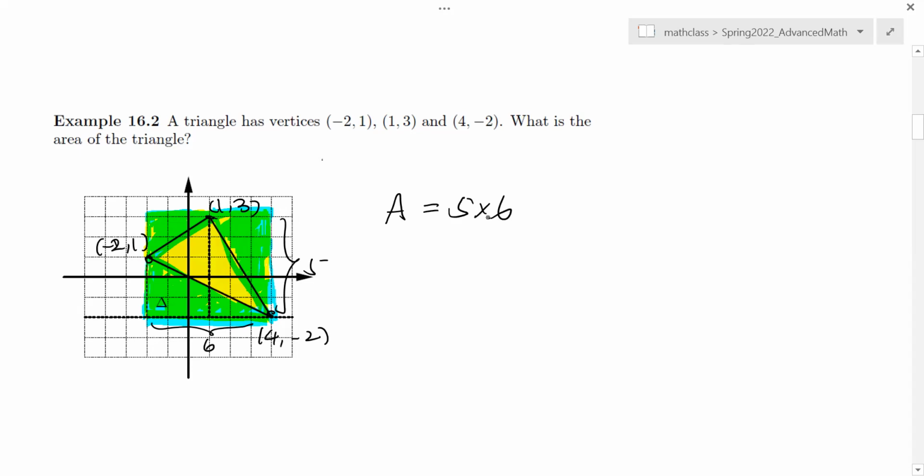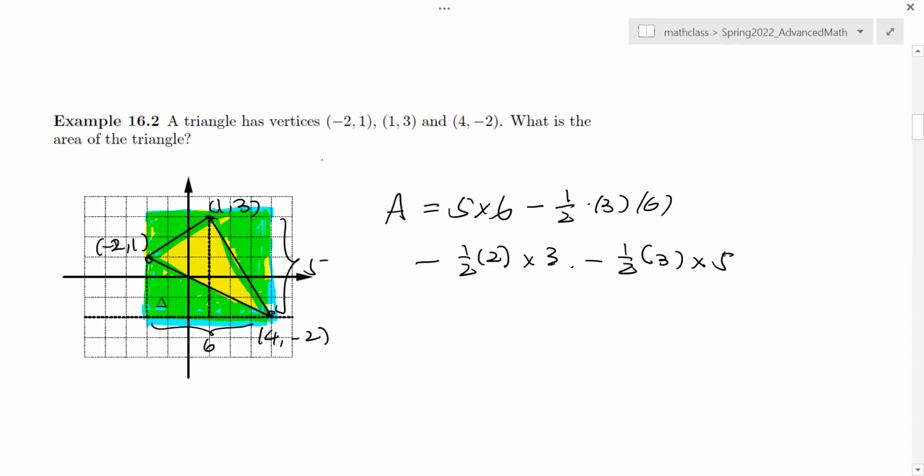And then you subtract the areas of the 3 triangles. The first one, the lower left, is half times 3 times 6. Another one, up left, is 1/2 times 2 times 3. And then the upper right is half times 3 times 5.